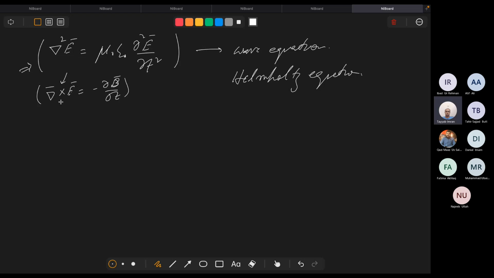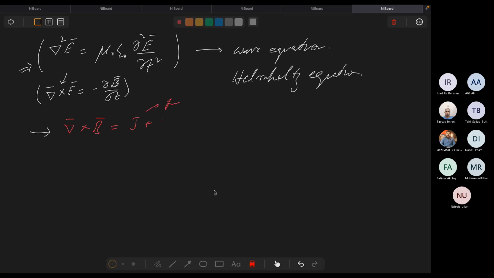Okay, using this equation. Now, we know another Maxwell equation, which is, if we consider the free space, then we have to remove this thing.